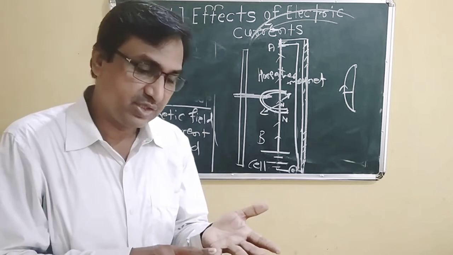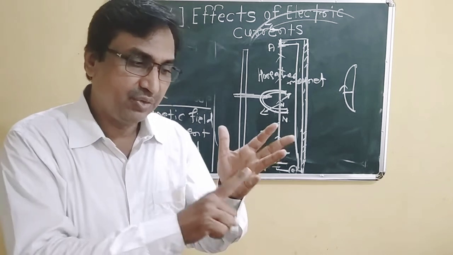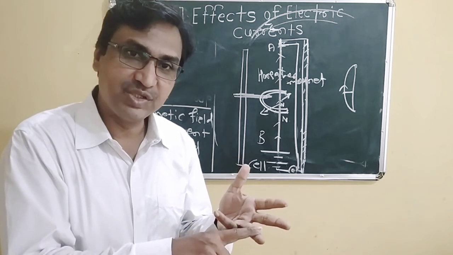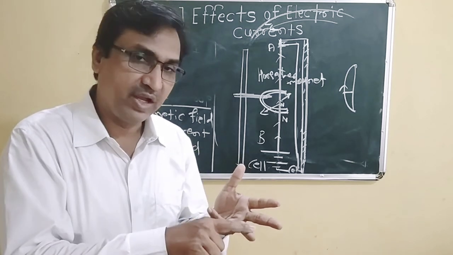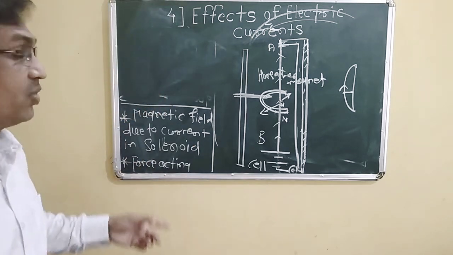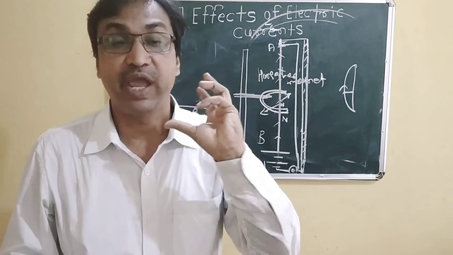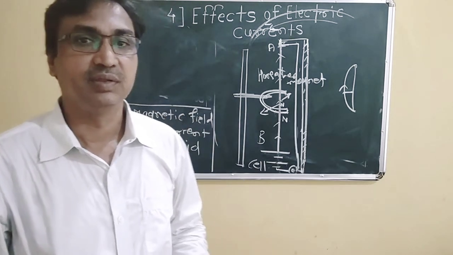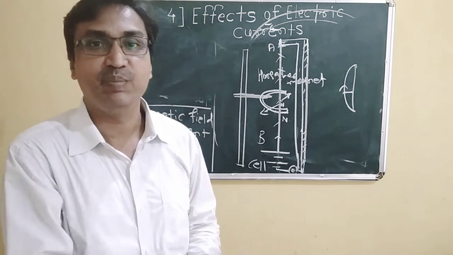First, due to the electric current, a magnetic field is produced, and due to the production of a magnetic field, a mechanical force is acting on the conductor. So force is there, electric current is there, and magnetic field is there.